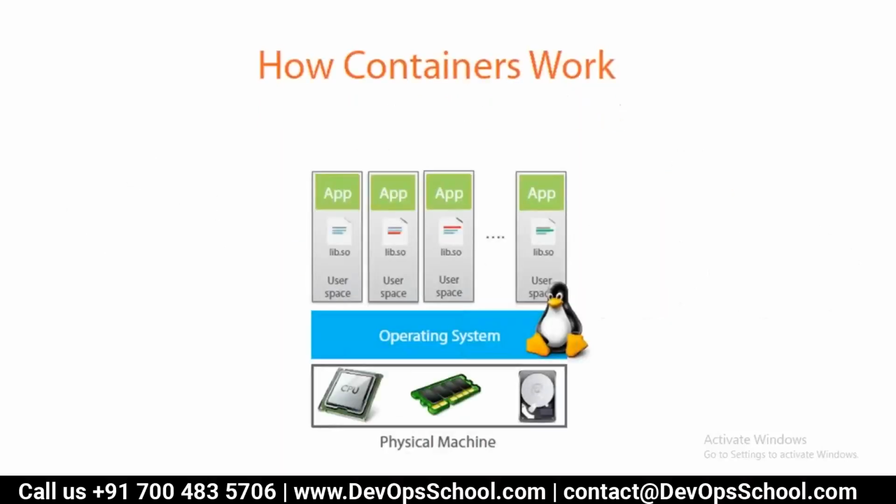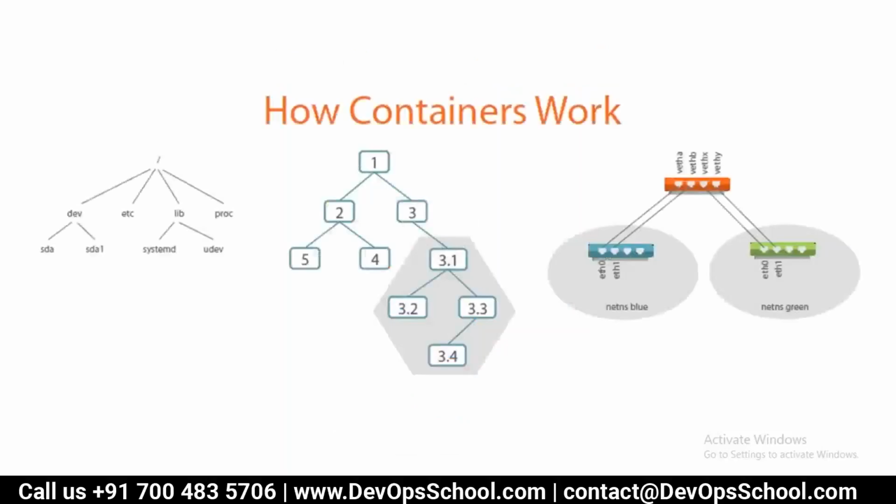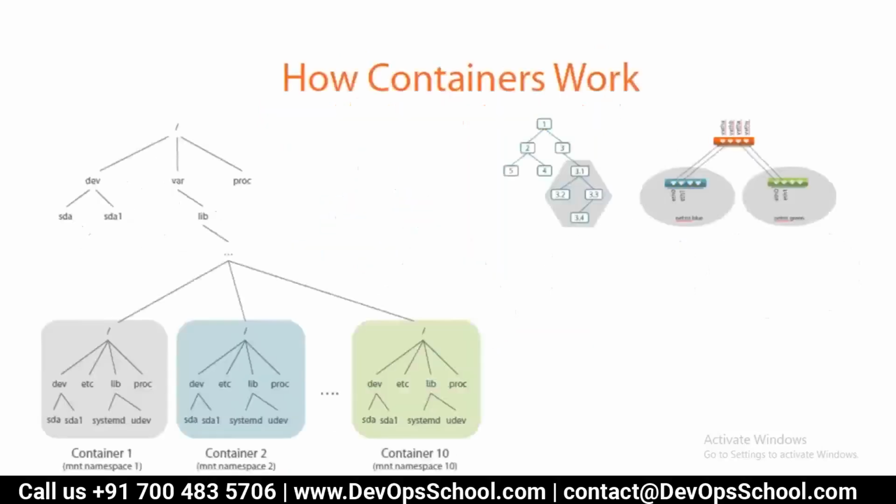Here we have 4 apps running on one operating system. So we need 4 mounts, 4 process maps, 4 networks. The question is how that will be created. Look, this is the mounts. Here you have one mount at the physical server level.